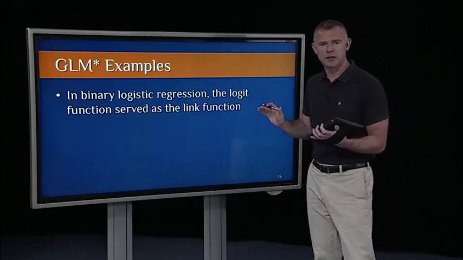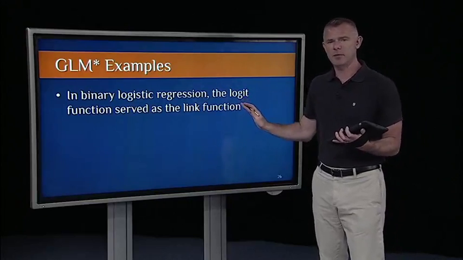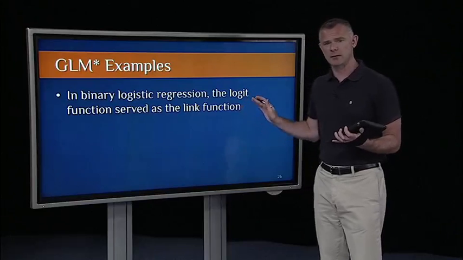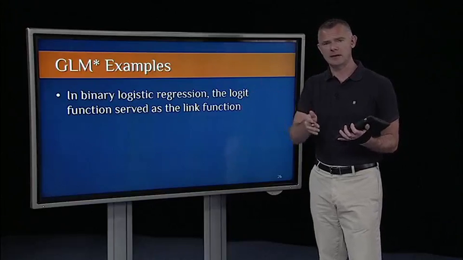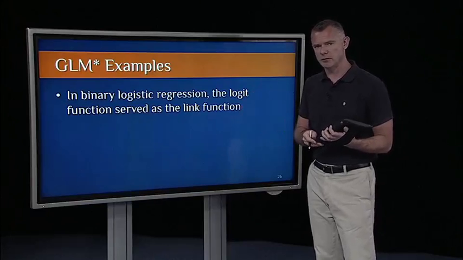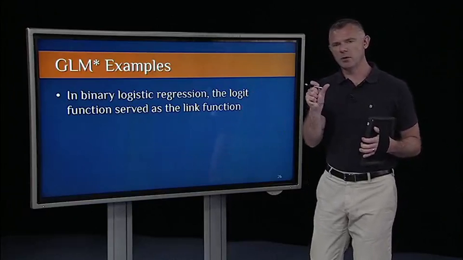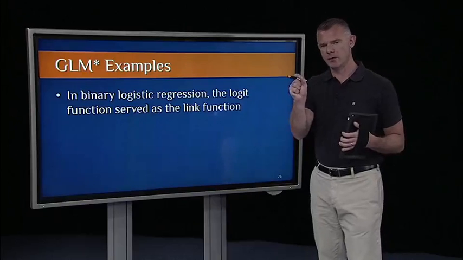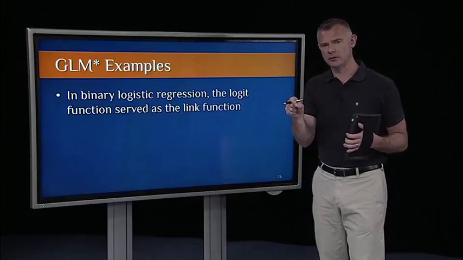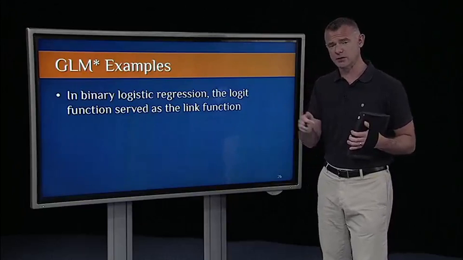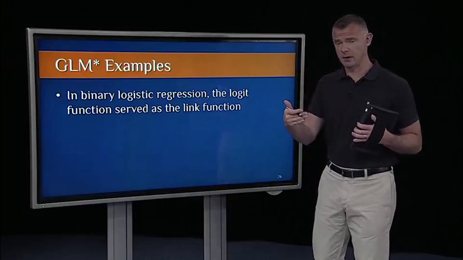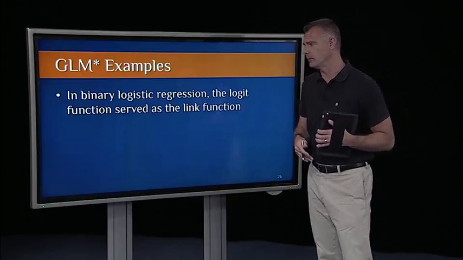So we actually have already done an example of generalized linear model. If you look back at the binary logistic regression lecture, remember that in the R output, we had to use the GLM function, not the LM function. So the GLM function stands for generalized linear model, not general linear model.